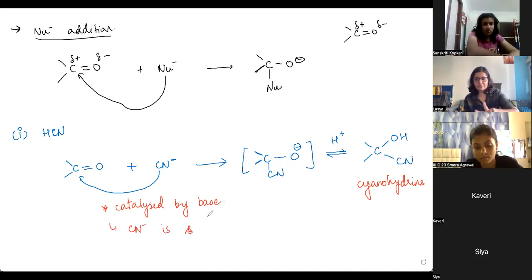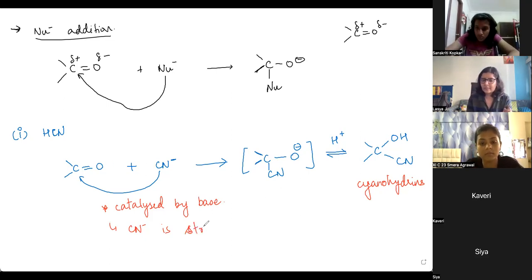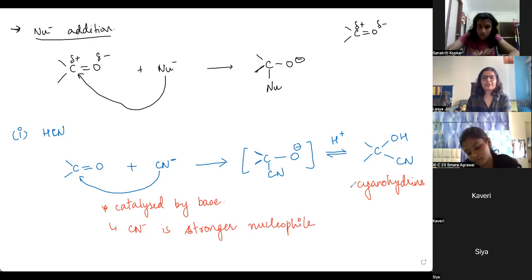When you have both species in the same solution, CN minus will be the nucleophile that attacks. So you won't get that conflict of why not OH minus.